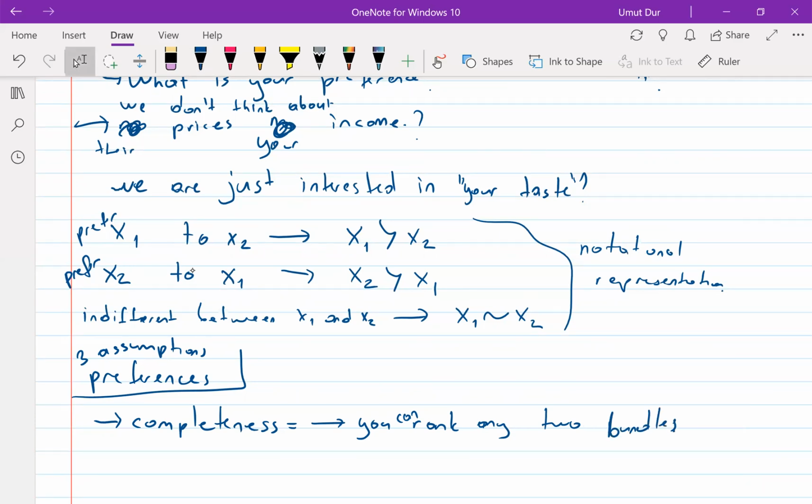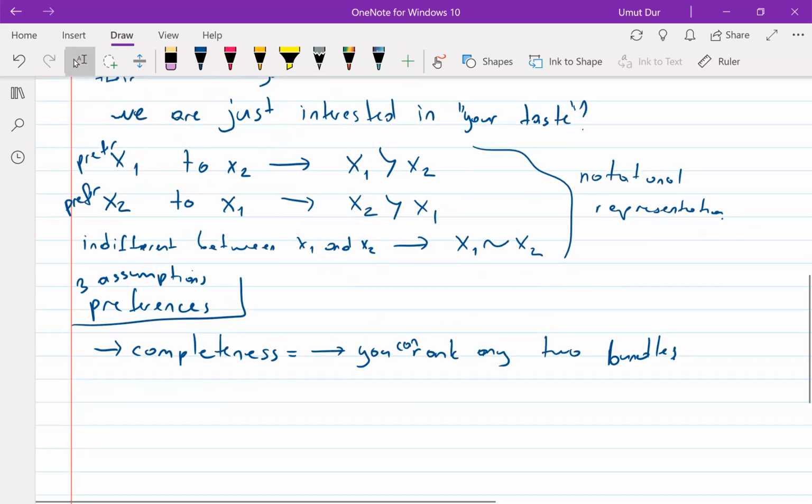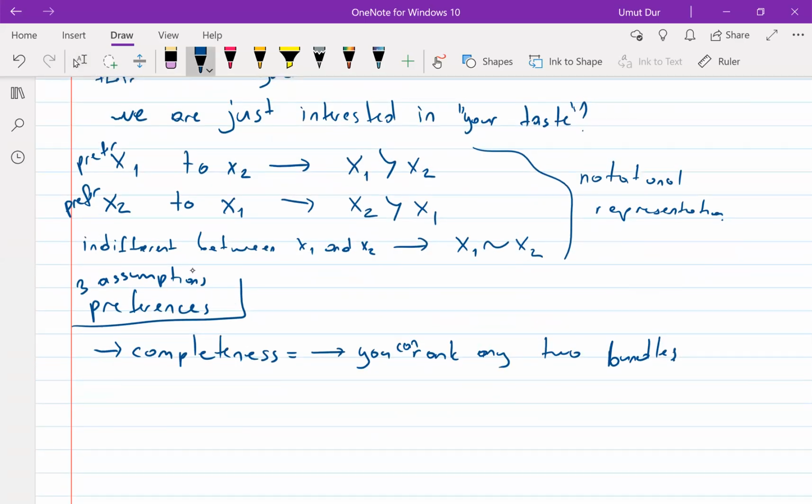By ranking, you don't need to say that one of them should be preferred to the other one. You can be indifferent here.